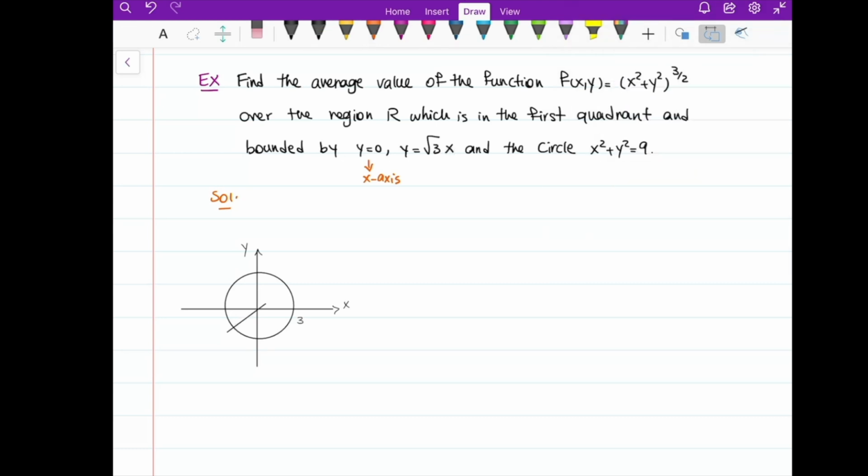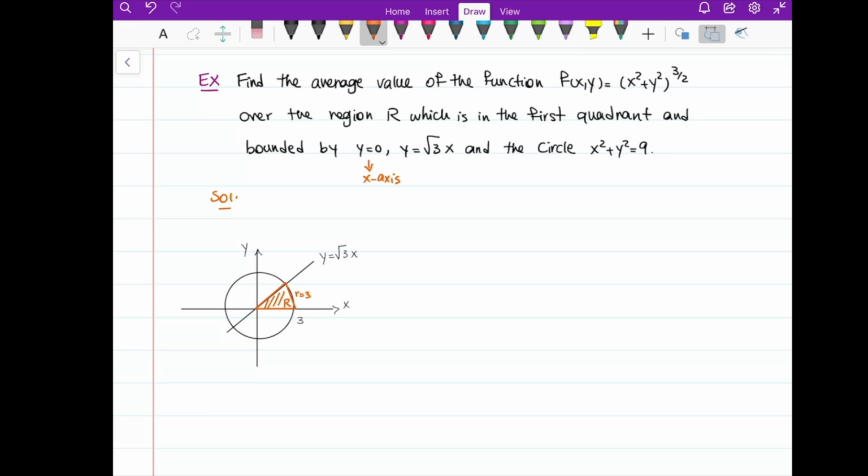Something somewhere like here, just assume this is y equals root 3 x, and it's bounded by the x-axis here, the circle of radius 3, and y equals root 3 x. So this is the region R.